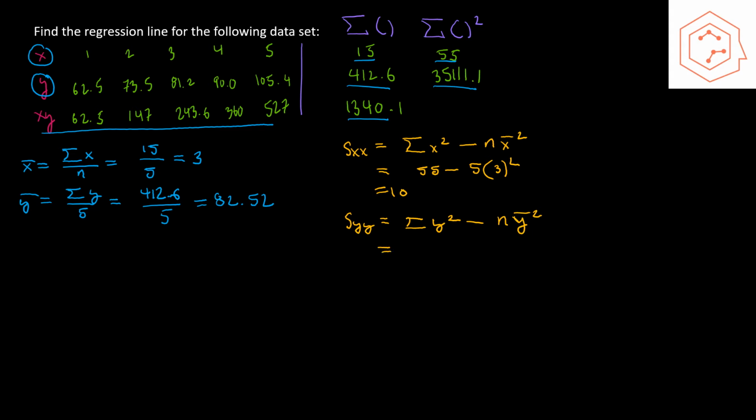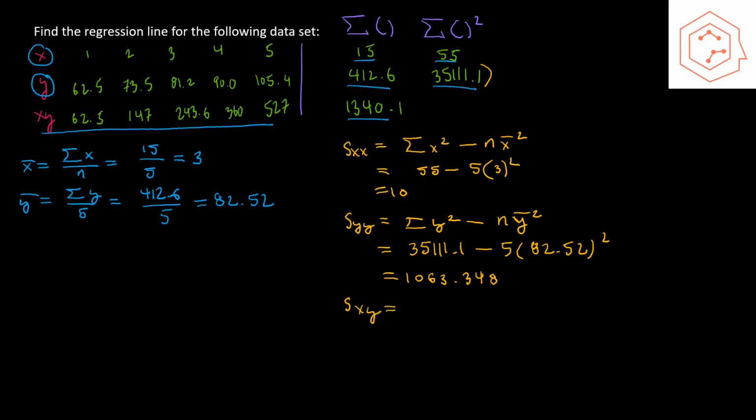So that's equal to the sum of all the y points squared is 335,111.1 minus 5 points, and the mean is 82.52 squared, and that gives us an answer of 106.348.